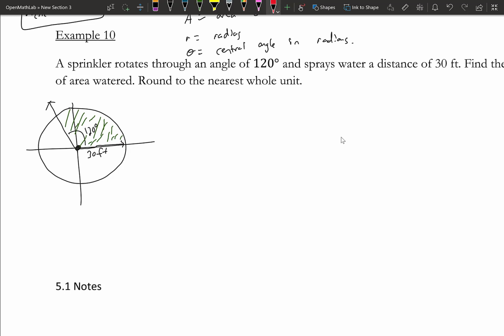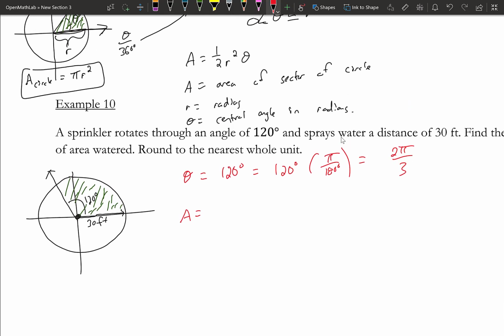So there's a couple of ways you can go about this. The very first thing we can do is try to convert 120 degrees into radians. So theta is equal to 120 degrees times pi over 180 degrees, which is equal to 2 pi over 3. Just simplifying that down. So then the area of the sector, just using that equation, would be 1/2 r squared theta.